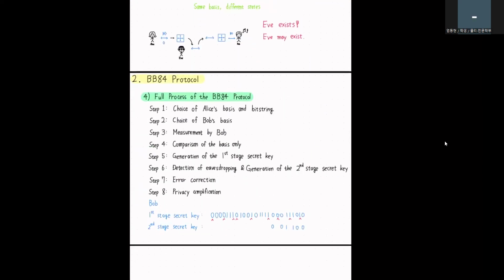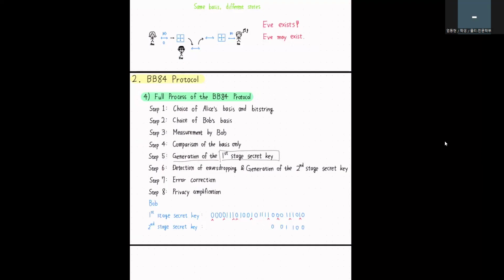So in the full process of the BB84 protocol, Alice chooses a basis and a bit string, and Bob also chooses a basis for each bit. And Bob starts measuring, and they compare the bases only. And then this leads to the generation of the first stage secret key. Now they repeat the same process using the bases they both agreed upon.